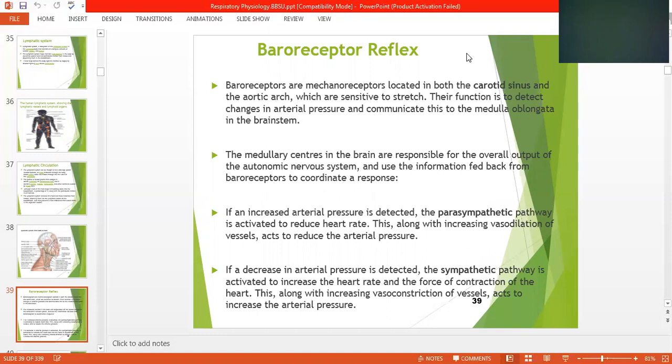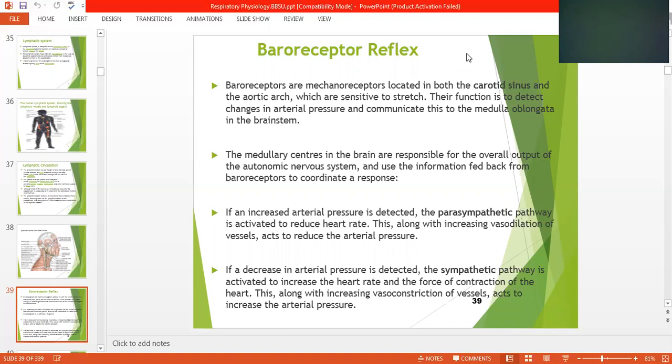Thoracic aorta, abdominal aorta, then divided into the femoral artery in the legs and thighs. These receptors are sensitive to stretch. They are situated at the carotid sinuses and aortic arch, and when the blood vessels stretch due to the quantity of blood, it will give you reflexes.